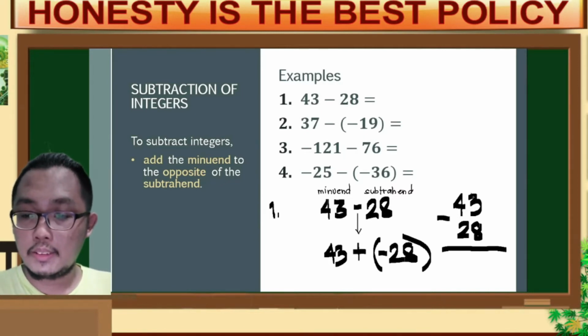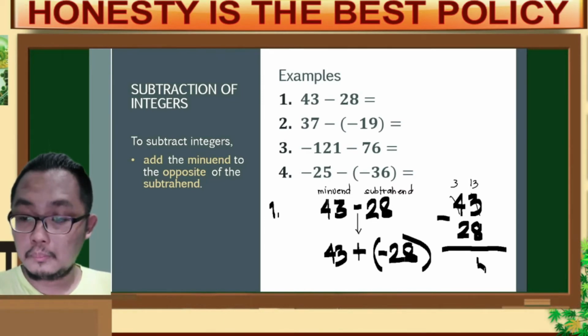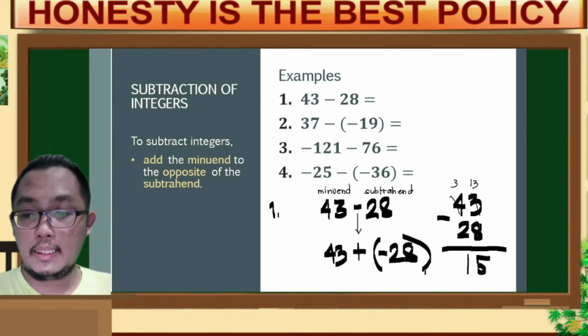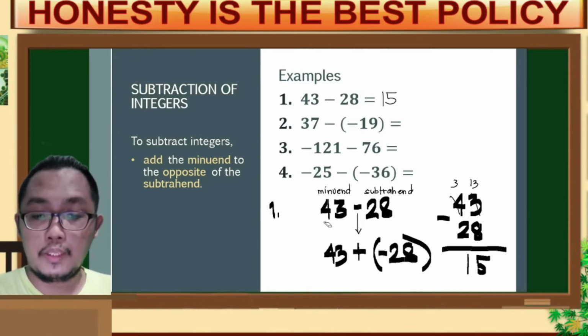So this gives us 15. And since positive 43 has the larger absolute value, our final answer will be positive 15. And now let us proceed with the other example.